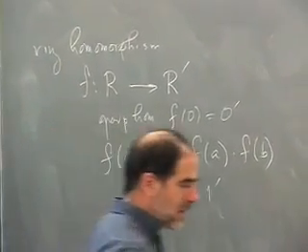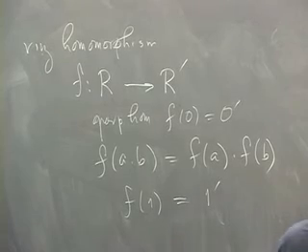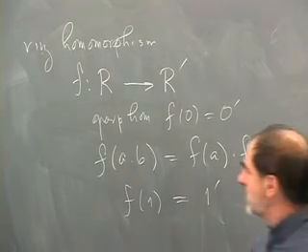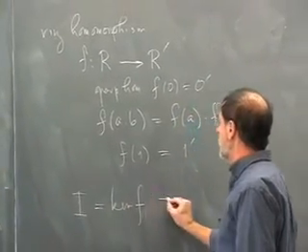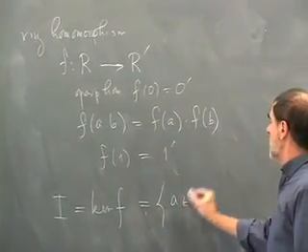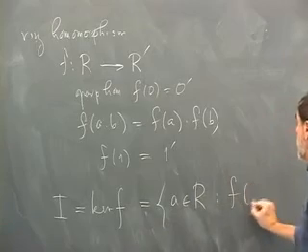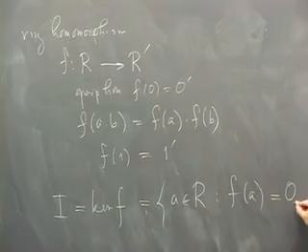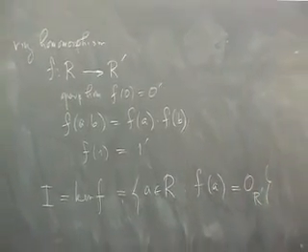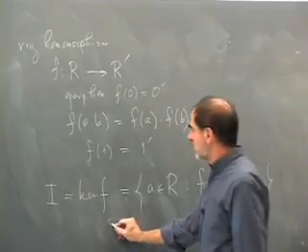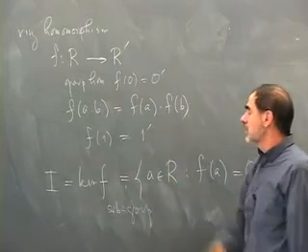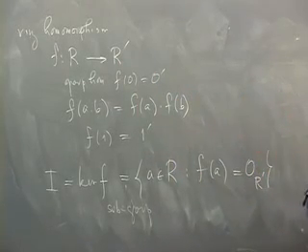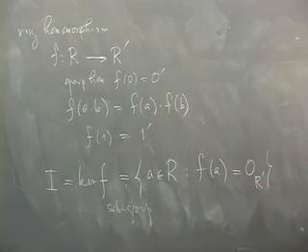And we saw that if we had a homomorphism and we defined I as the subset, the kernel of F, which is the set of A in R such that F of A was the 0 element in R prime, that was a subgroup because it's the kernel of a group homomorphism. So it's a normal subgroup, but that's obvious because it's an abelian group.